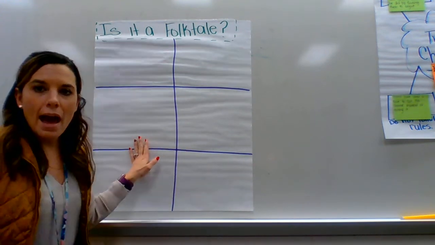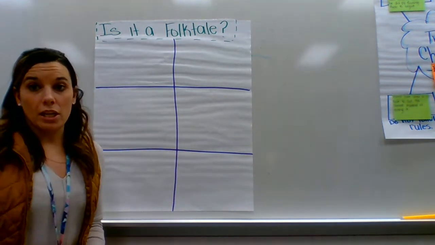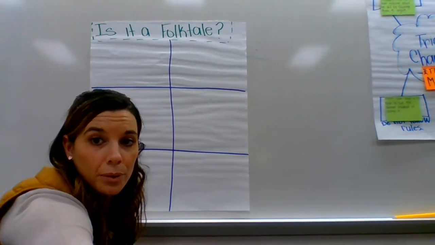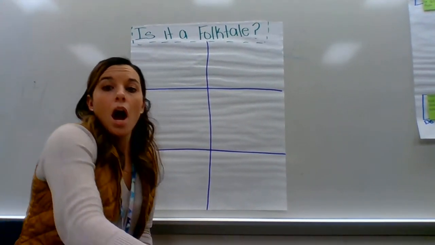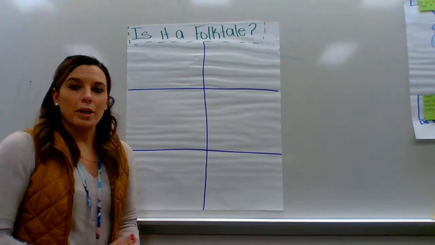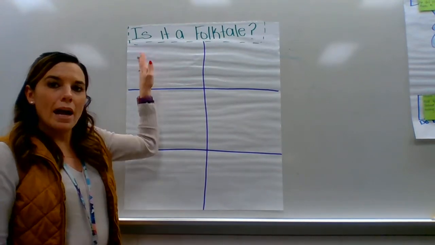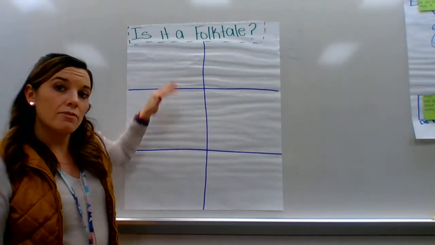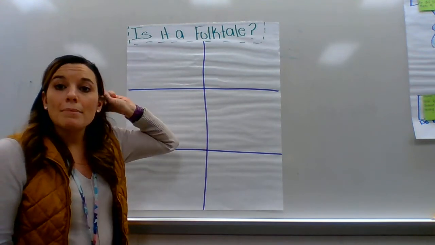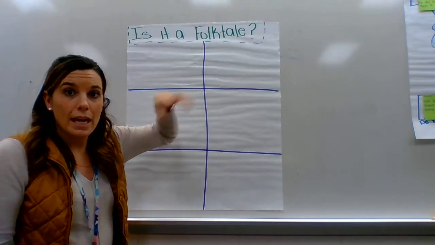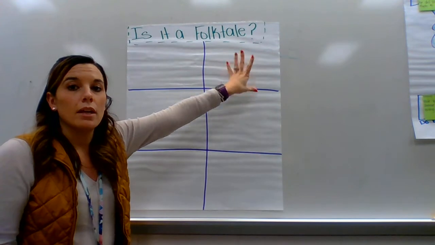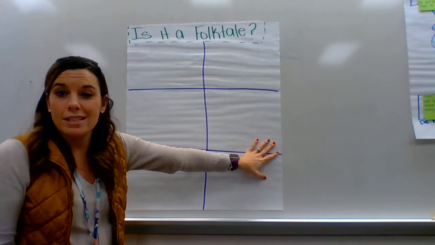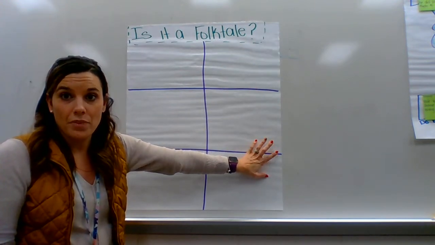So I have a chart here that we are going to put together today to help us learn what a folk tale is. So I am going to put the different categories of a folk tale here, and then I'm going to read to you the antelope story again, and we will fill out the different parts of the story, and we're going to decide together if it is a folk tale, okay?